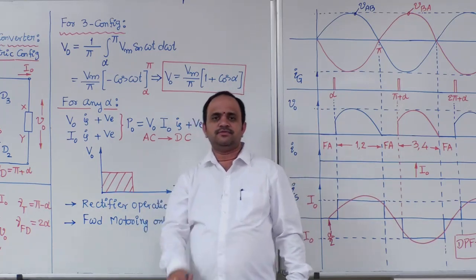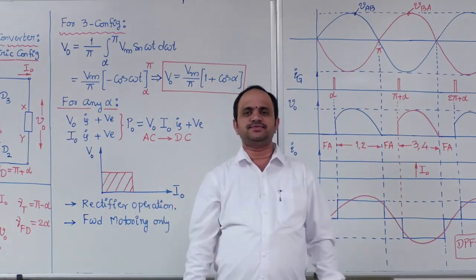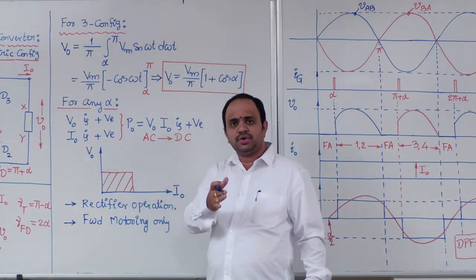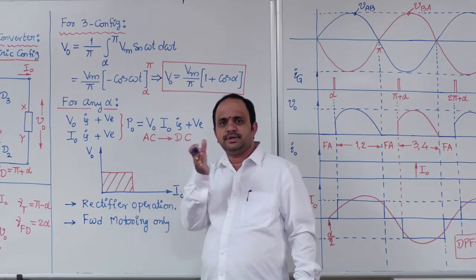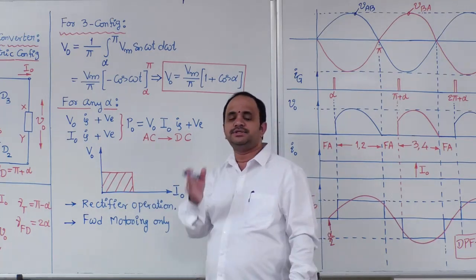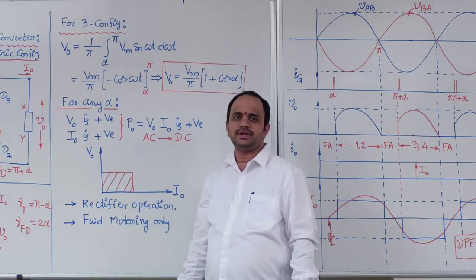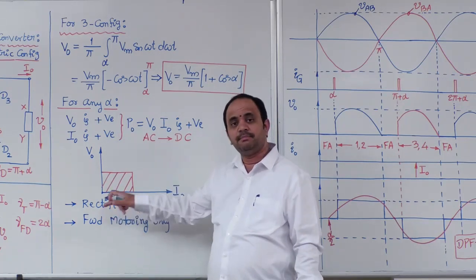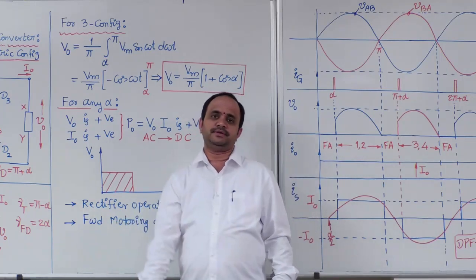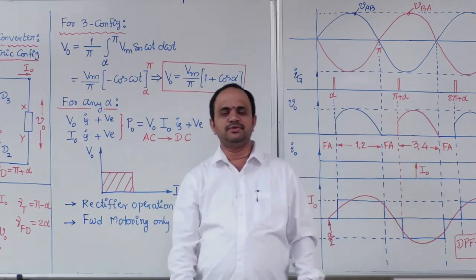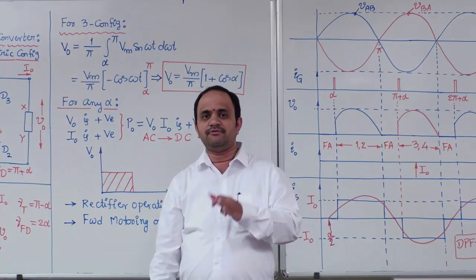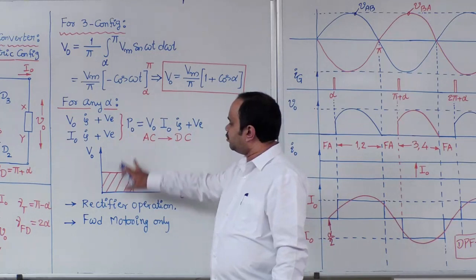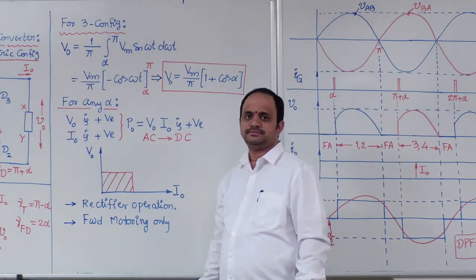Whereas in the single phase full converter circuit, it was 0 to positive values and negative values also, and hence it was named a fully controlled rectifier. Now observe carefully, this is a half controlled rectifier, but it is a full wave rectifier. It is a bridge rectifier, which means full wave rectifier. Half control and half wave are different, right? So this is about the output voltage equation conclusions.